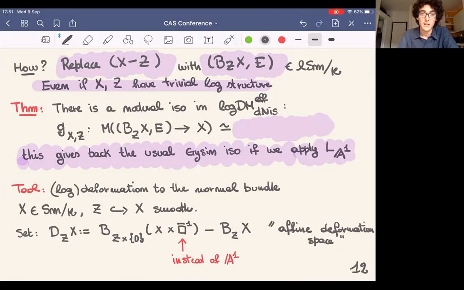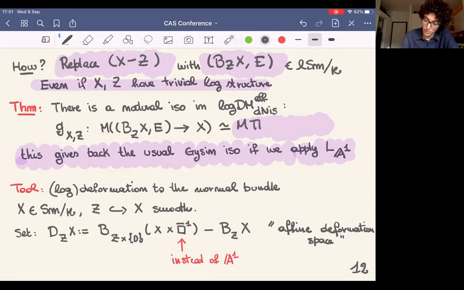Okay, and our theorem is that there is a natural isomorphism in logDM, which we call the Gysin map, from the motive of this gadget, which replaces x minus z, to the Thom motive of x, of a normal bundle of z in x.